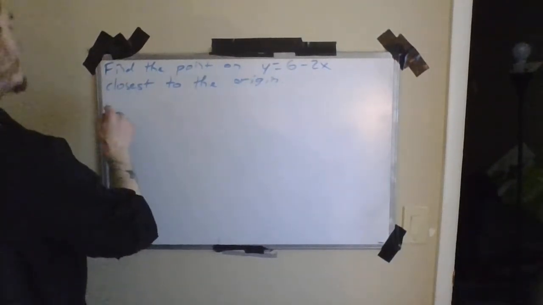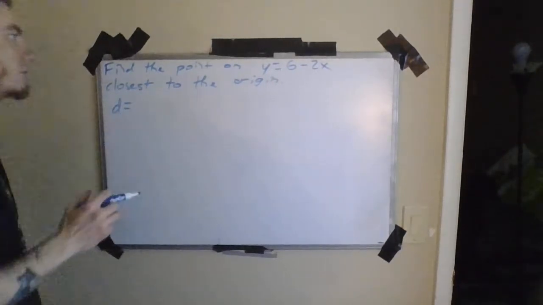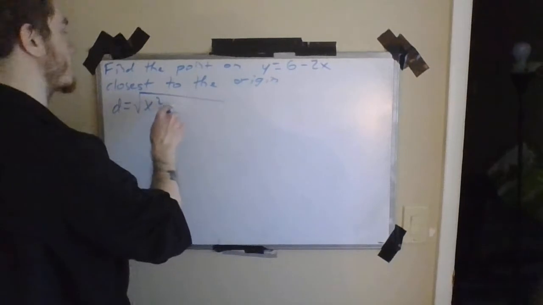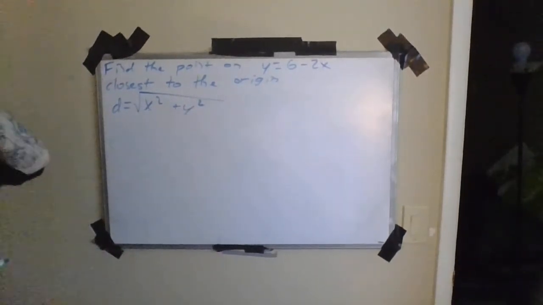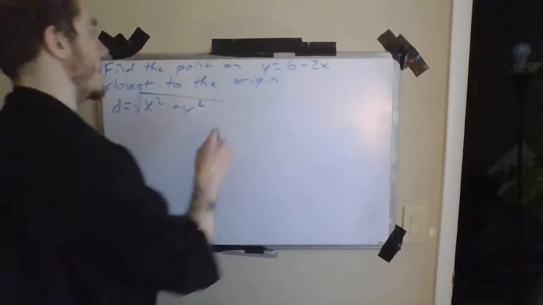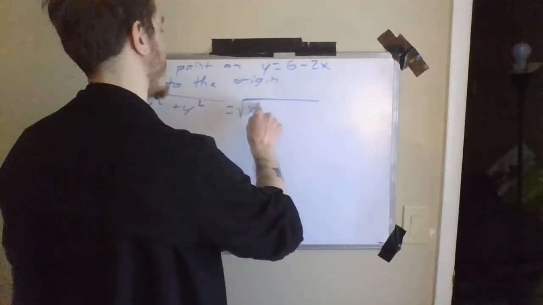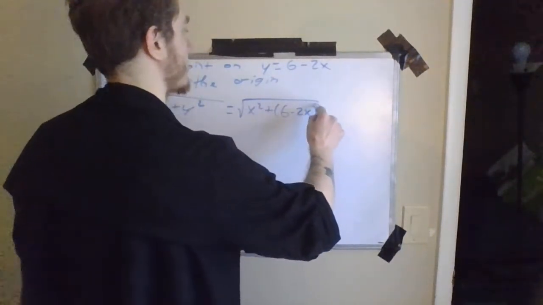So how are we going to do this? Well, the distance is going to be equal to the square root of x squared plus y squared, because we're talking about the distance to the origin. And that means this is going to be the square root of x squared plus (6 minus 2x) squared.